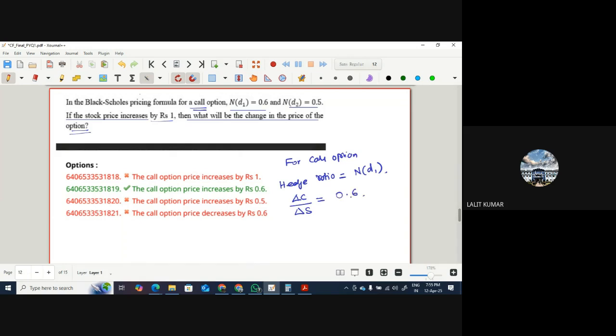So if your delta S is increasing by ₹1, your delta C will increase by how much? 0.6. And if the same question comes for a put, then for a put, the hedge ratio is equal to ND1 minus 1. Is that okay with everyone? Okay, sir.